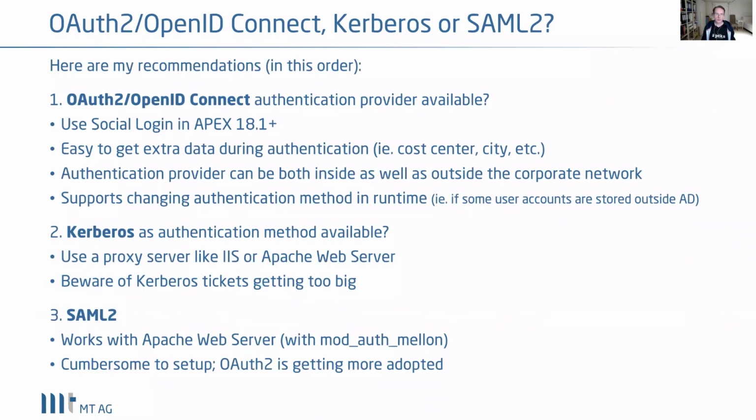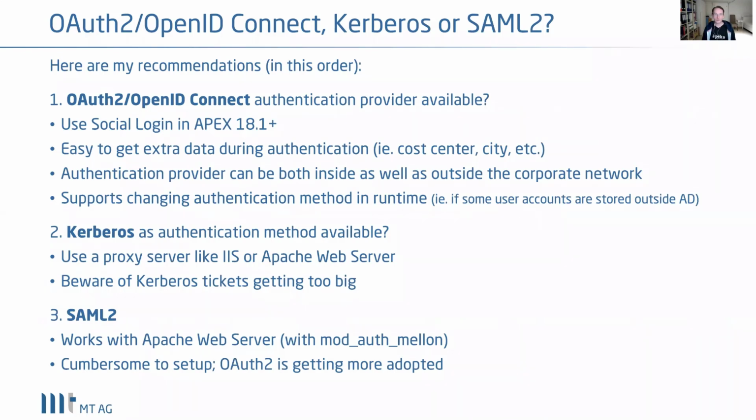So for those of you that are a little bit confused, what about OAuth2, Kerberos or SAML2? I have written down as a recap my recommendations, and in that order. I would definitely use OAuth2 if you have an authentication provider that supports it.